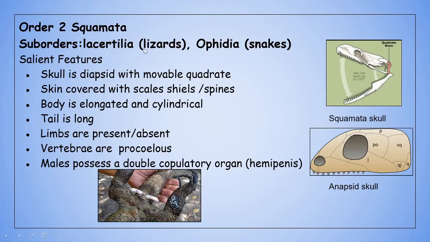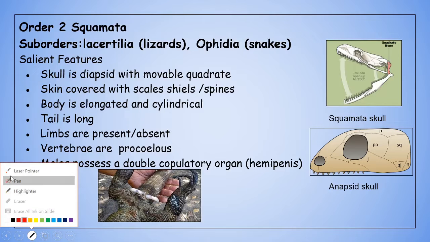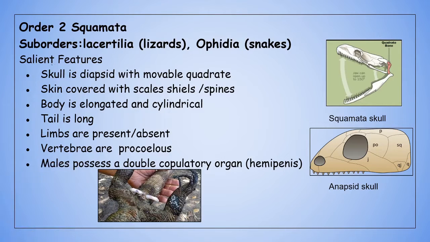So the salient features of this particular group is that the skull is diapsid with a movable quadrate. You can see here, this is a squamate skull, and this particular bone which is highlighted is called the quadrate. The quadrate bone is a skull bone which connects two other bones in the skull, the quadratojugal and squamosal.